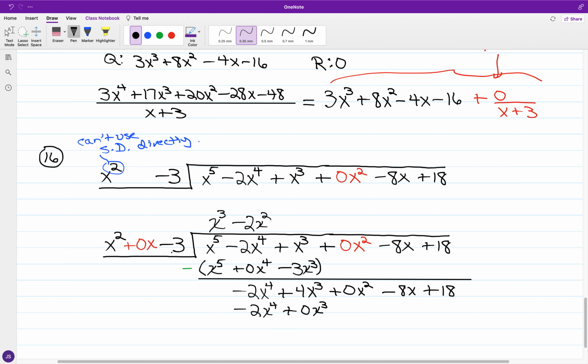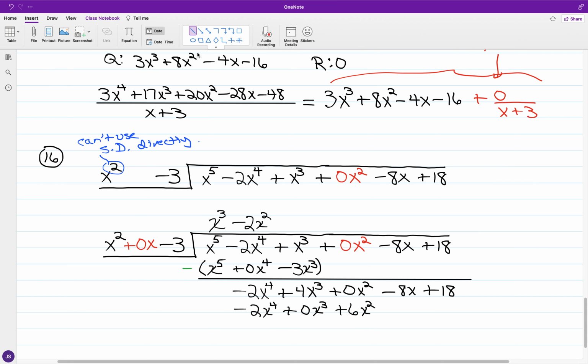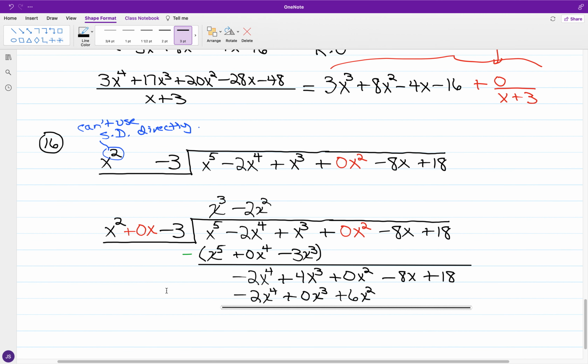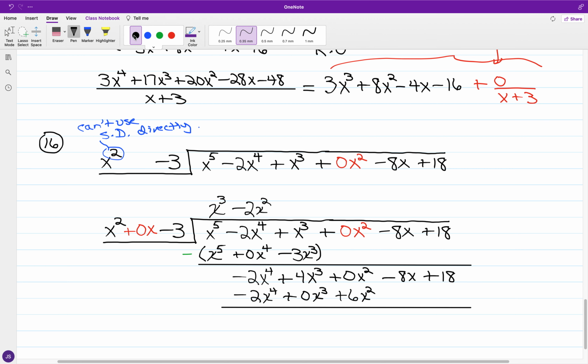Negative 2x squared over negative 3, that's going to be a positive 6x squared. And subtract, so negative 2x to the fourth goes out.